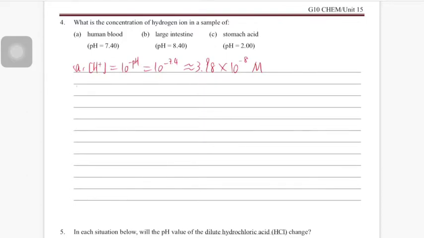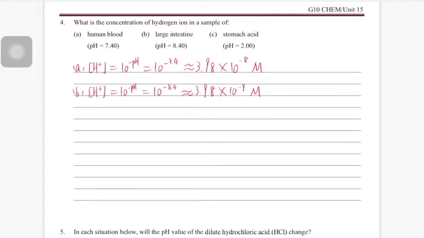Okay, and for part B, again, same equation. Hydrogen ion concentration equals 10 to the power of minus pH, which is 10 to the power of minus 8.4. And it will equal 3.98 times 10 to the power of minus 9 molar.